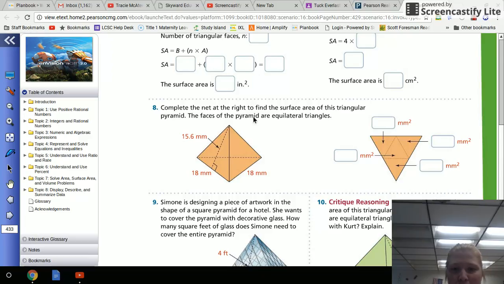The faces of the pyramid are equilateral triangles. Okay, so you have the dimensions here. They want you to put those dimensions or the areas in the appropriate boxes and find the surface area. So go ahead and pause the video and do your work.